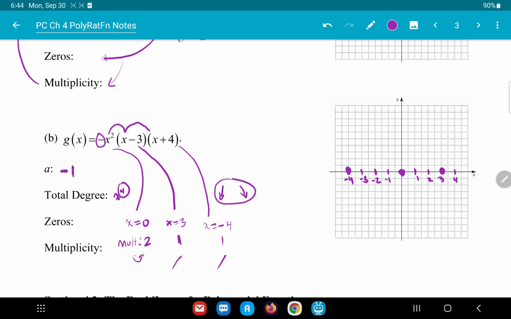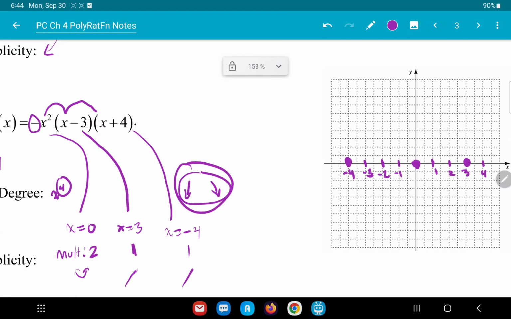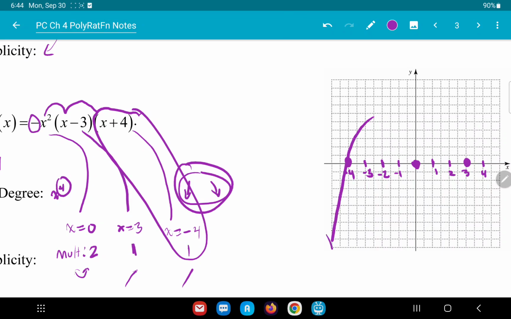Again, we know that based on the end behavior, we're going down to down. So we start at quadrant 3. We're going to go through -4. Keep in mind that -4 is a single root. Therefore, it's going to pass through -4. And so I'm just going to go ahead and draw that in. Just like that. Okay? And then we need to make our way back to 0.